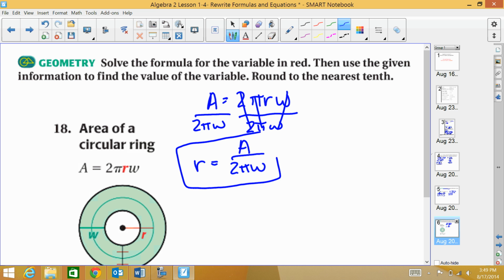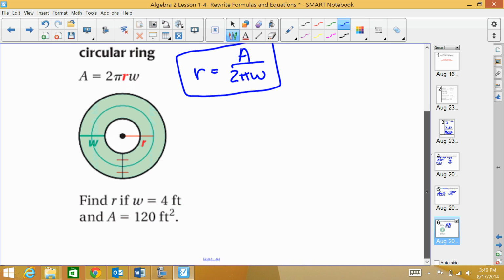So that's it. Then it says, then use the given information to find the value of the variable, round to the nearest tenth. So it says, find r if w equals 4 feet and the area equals 120 square feet. So we're going to plug those in. So we have r equals the area, which is 120, divided by 2 times pi times the width, which would be 4 in this case.